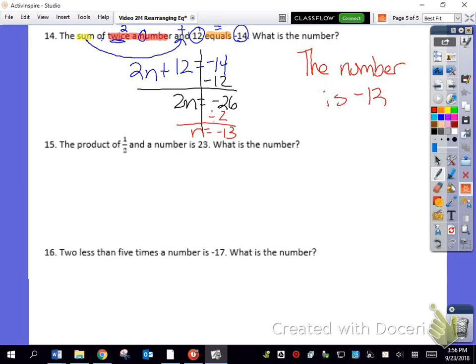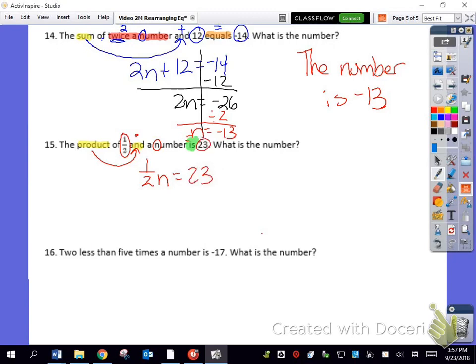Now on this one, the keywords are product of a half and a number is 23. Again, where you see the and, since product means times, and is times. So you have a half times n. So a half n is going to be, is is the equal sign. Is always equals, and then you've got 23.